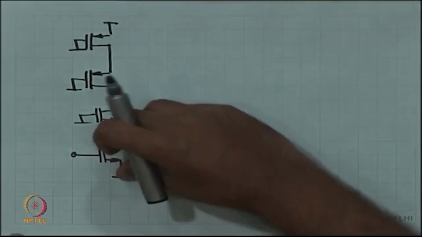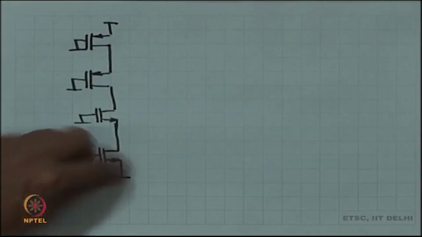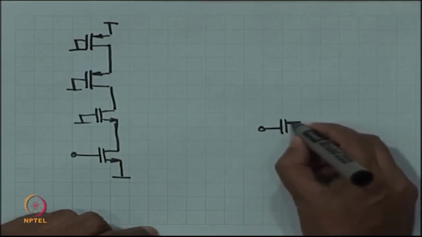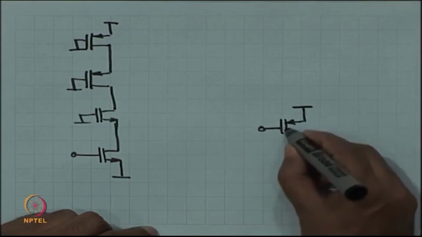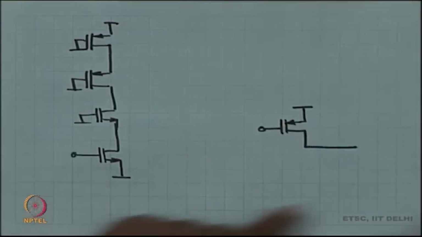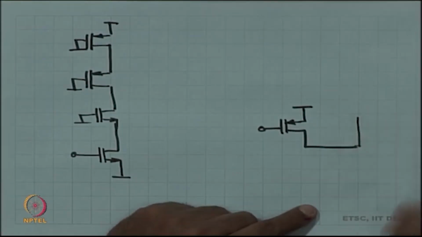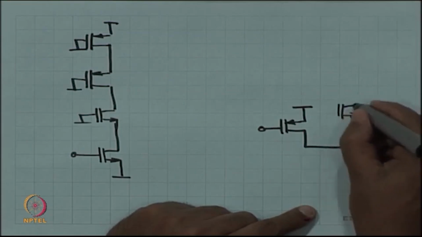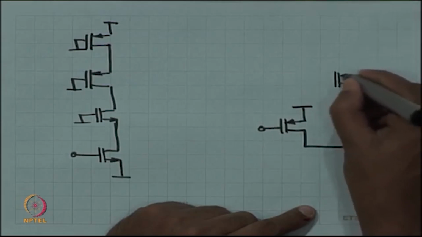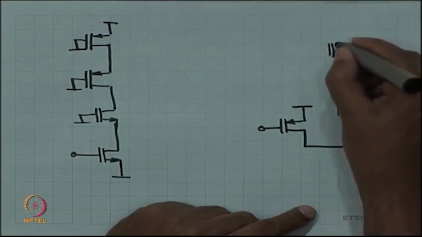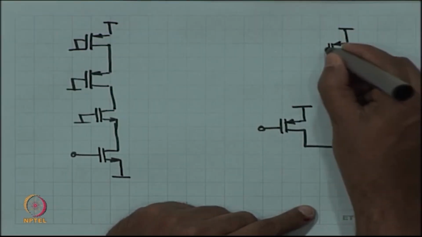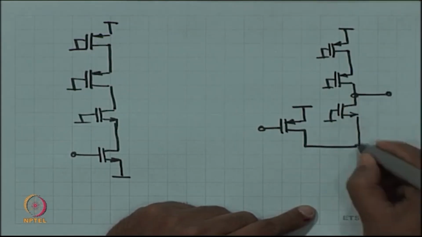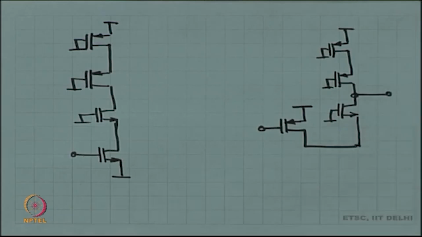Now, what if I twist this, can I make this the half circuit also?